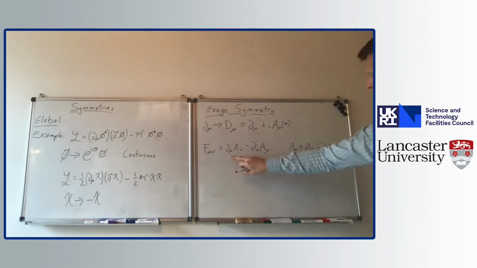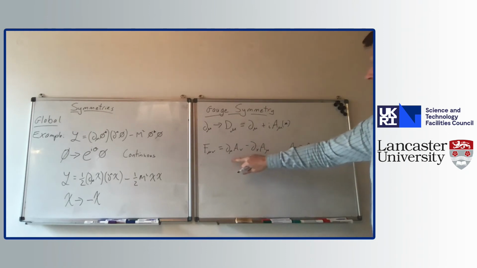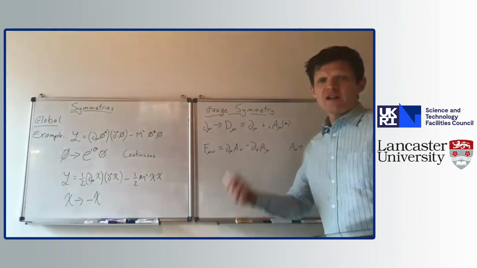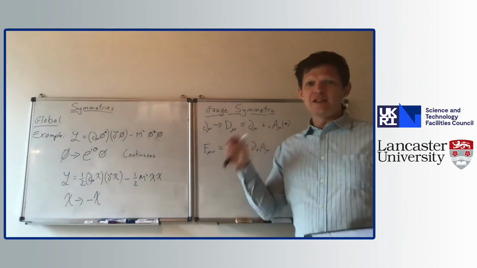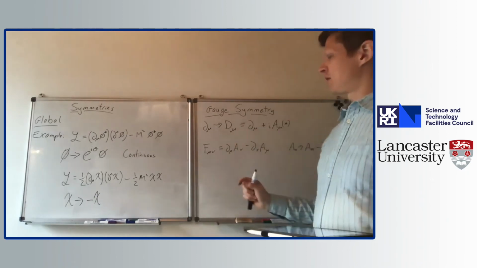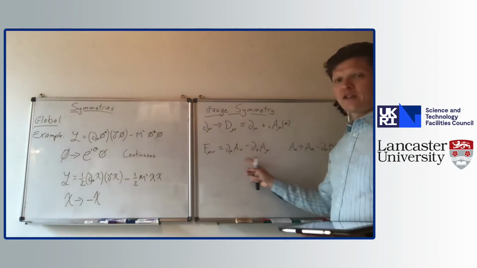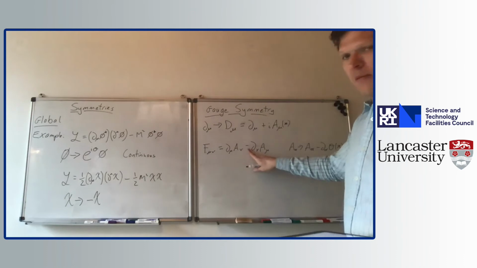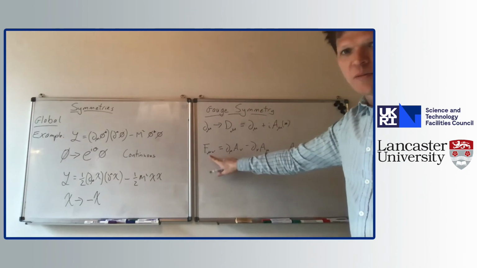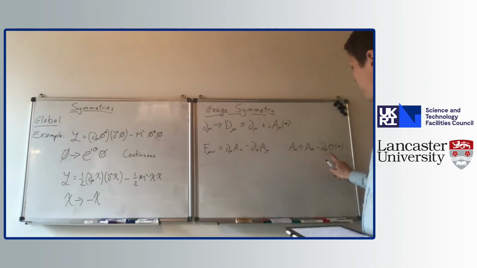You can see that you will get in here a term that goes like d mu d nu theta, and then here a term that goes like d nu d mu theta, but differentiation commutes. So d mu acting on something is the same as d nu acting on something. Because of the commutation properties and the fact that there's a minus sign here, this thing is anti-symmetric under swapping the indices, and that variation will vanish.